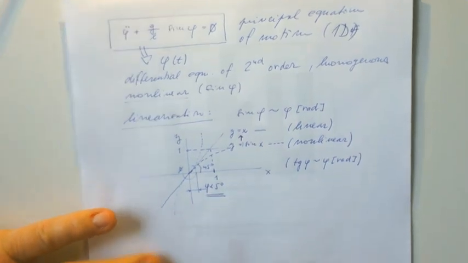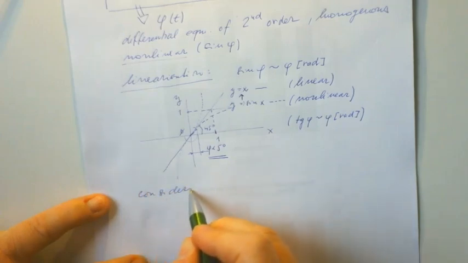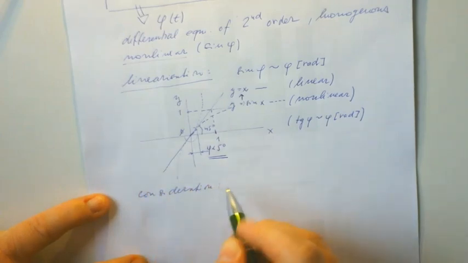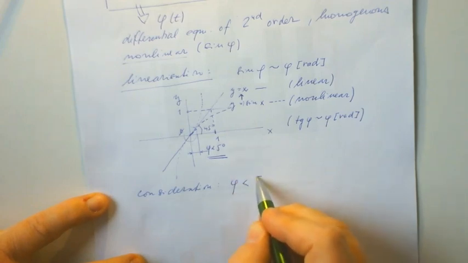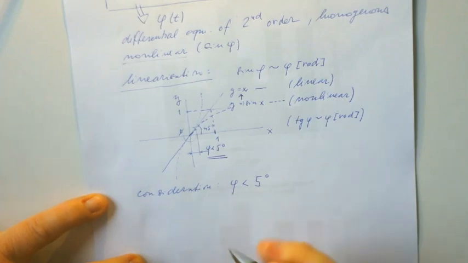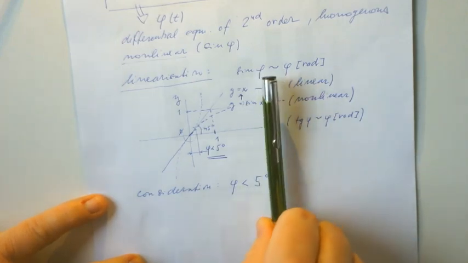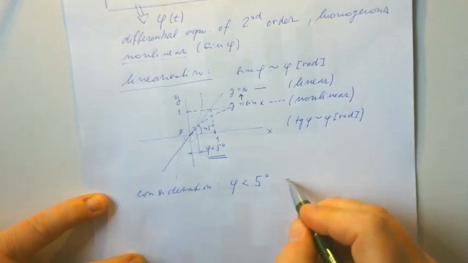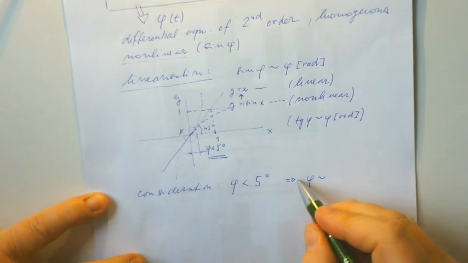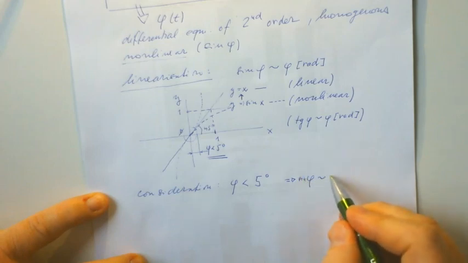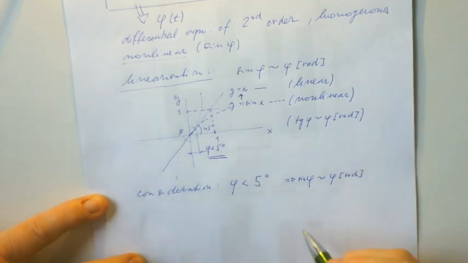Okay, so if we consider that we keep the angle less than 5 degrees, so there will be only a small motion, we can say that sine phi is approximately equal to phi when we measure this phi in radians.